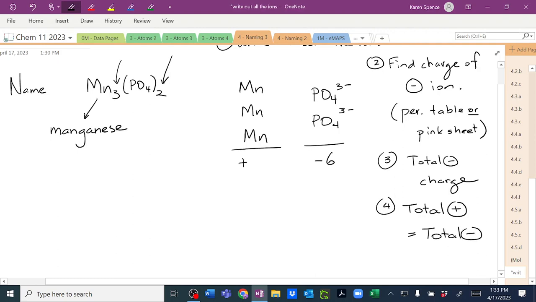So that's going to be positive 6. But then we have to say, I got this positive 6 by adding 3 manganeses together. So that means that each of the manganese had to be, we split up that 6 into 3 places. So each of them had to be 2 plus.